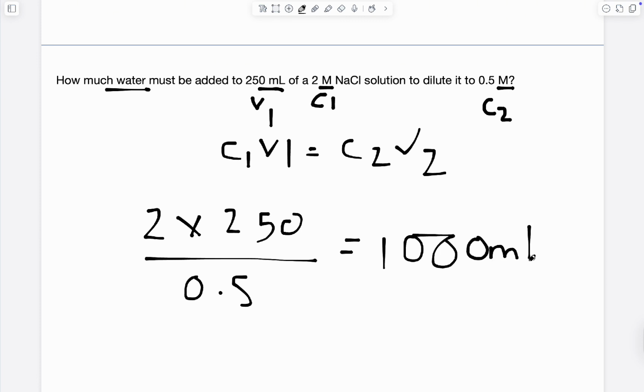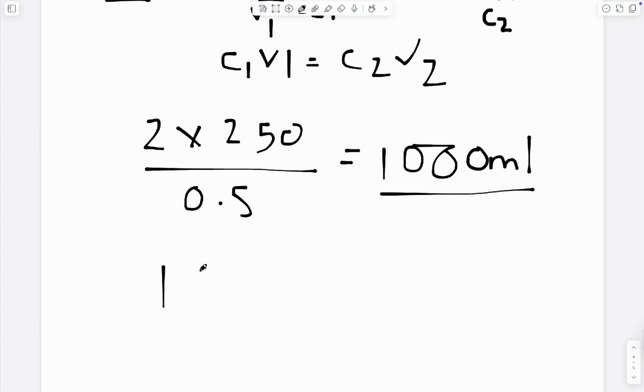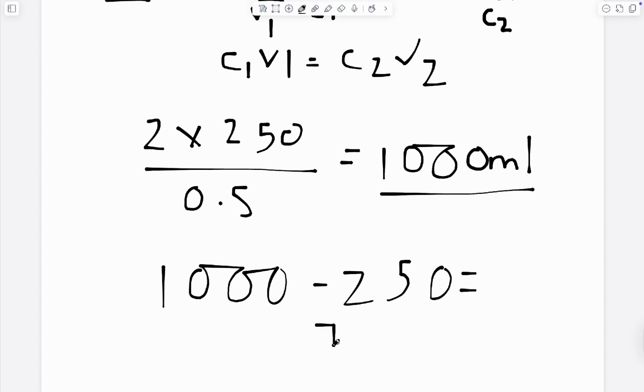Now be careful, this is the final volume. It's not how much water you add. It's just what you're going to get at the end to have the overall concentration be 0.5. Now why I'm saying this is because you need to do 1000 minus 250 to see how much water you needed to actually add to get it to that final volume of 1000 mL.